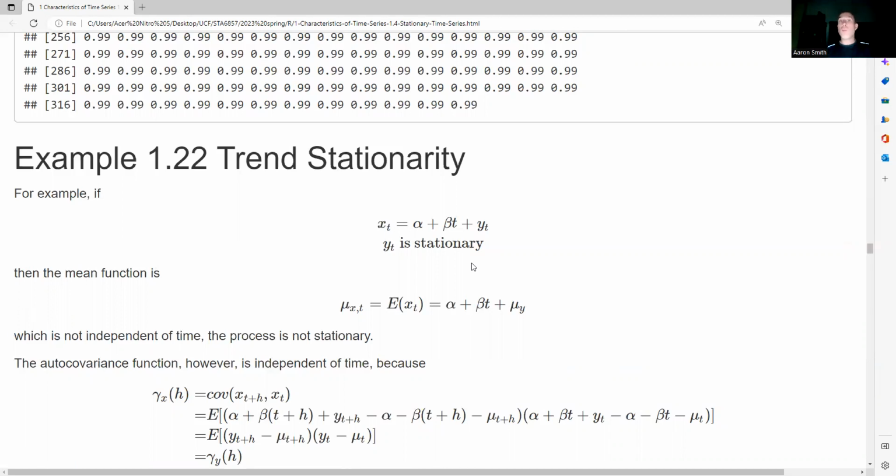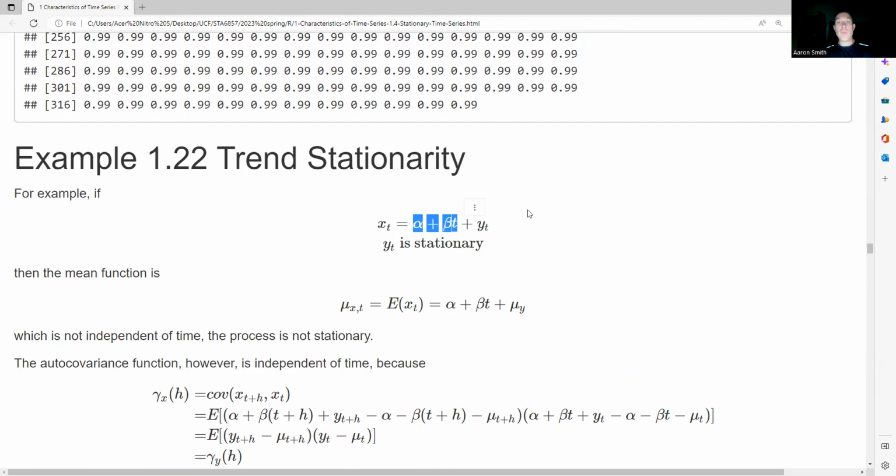It's only going to depend on the gap between the points that we are interested in. And so here's an example. Let's say that x of t is our random variable of a constant plus a constant times t plus a stationary distribution. So here you can look at this in terms of time.